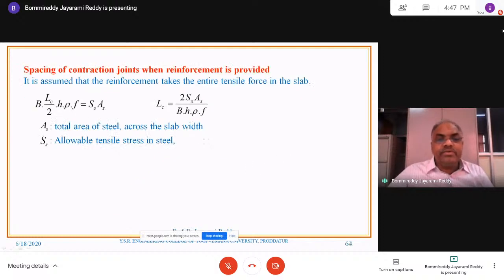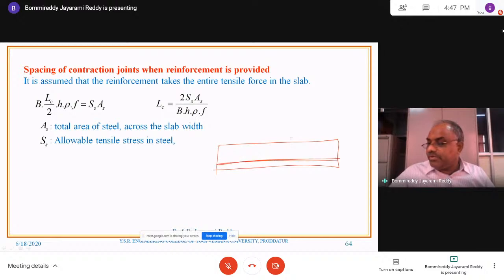Then spacing of contraction joints when reinforcement is provided. So what is going to happen here? Sometimes the reinforcement may be provided at the bottom. If the reinforcement is provided, we are going to assume that the entire stresses will be taken care of by the reinforcement only.